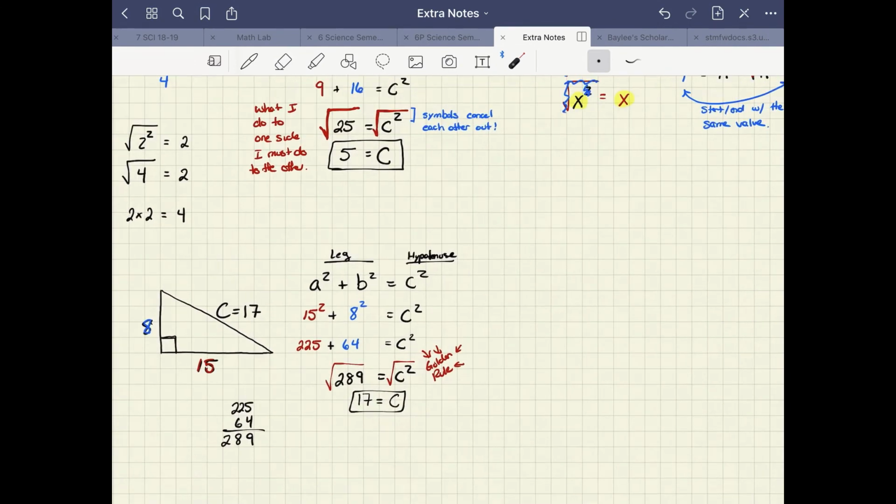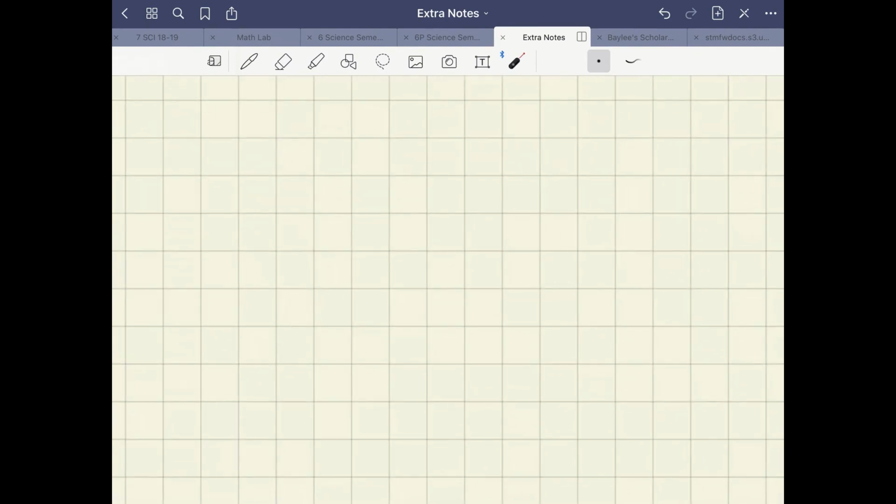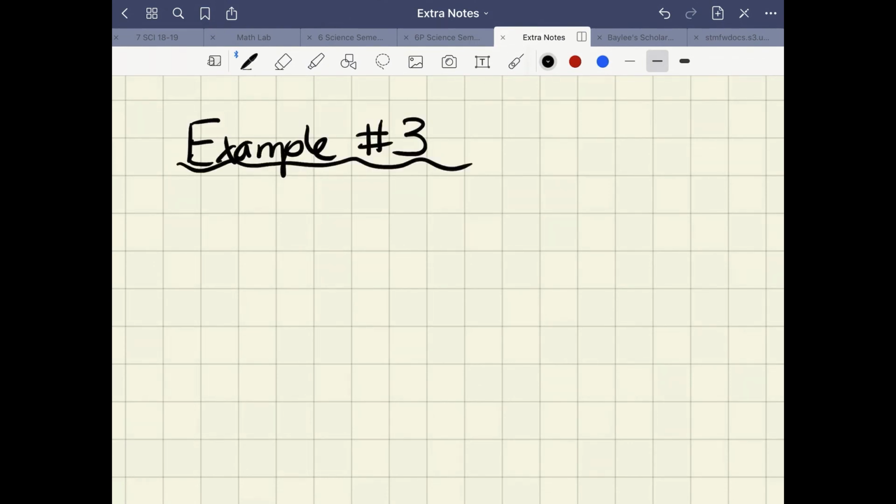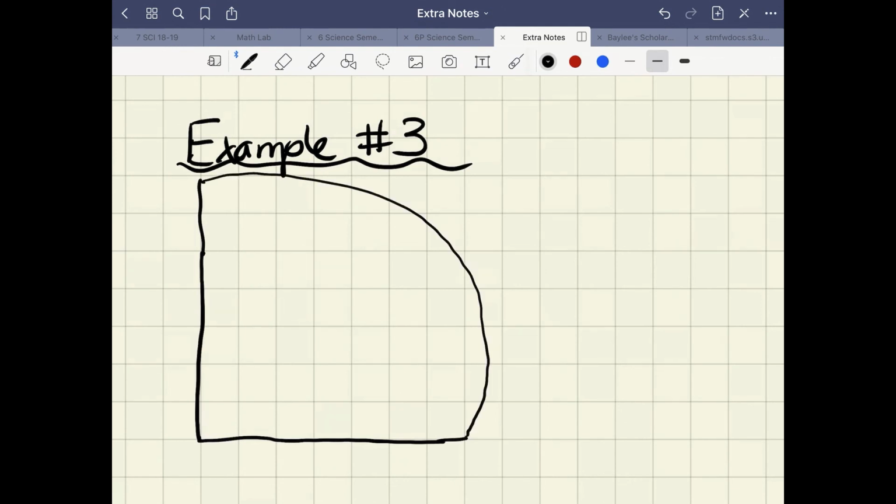All right, last example, and I'm going to have you do this one on your own, and then we'll check it together. Example number 3, we have a baseball diamond, like so. And this baseball diamond has the infield. There's home plate, third base, second base, and first base. And I want you to notice that this is a square.